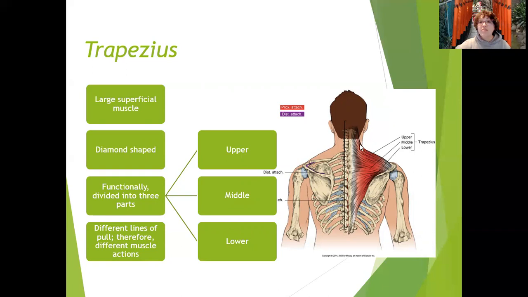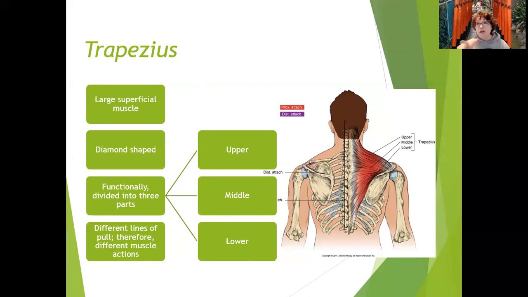So you can see the upper trapezius has an obliquely vertical line of pull, so vertical and slightly medial lateral. And the middle trapezius has a pretty much medial lateral line of pull, and the lower trapezius has an obliquely vertical line of pull, but going in the other direction from the upper trapezius.